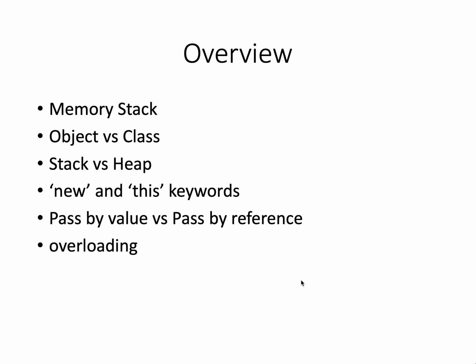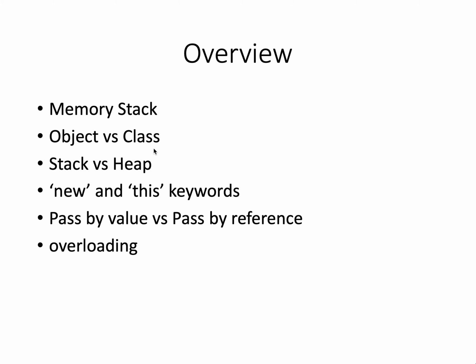Just kind of an overview, just a reminder of the memory stack. The most important thing is to really understand the heap and the stack. And when objects are created, classes can become objects if they're put on the heap, and objects are created when you use the new keyword and the constructor is accessed.